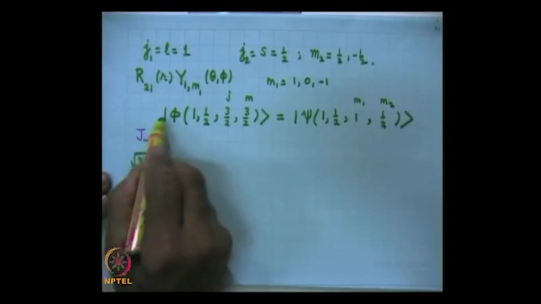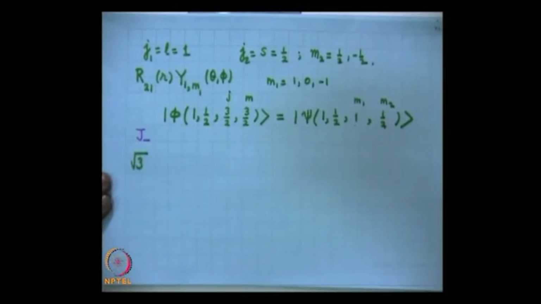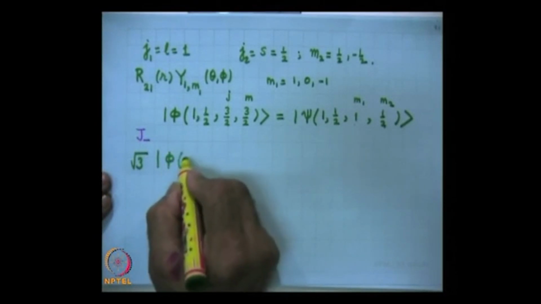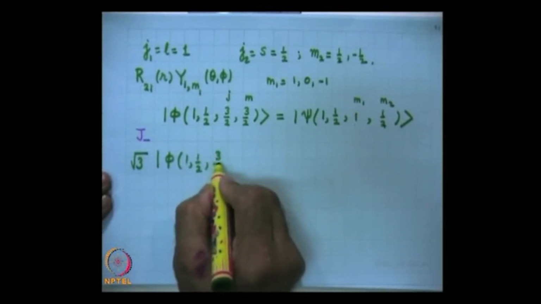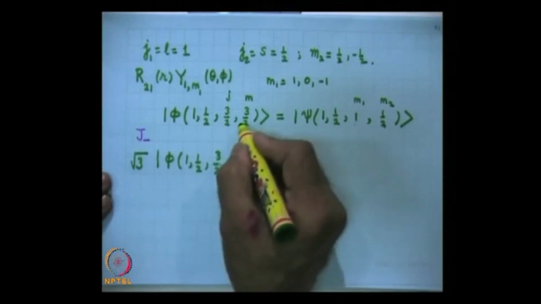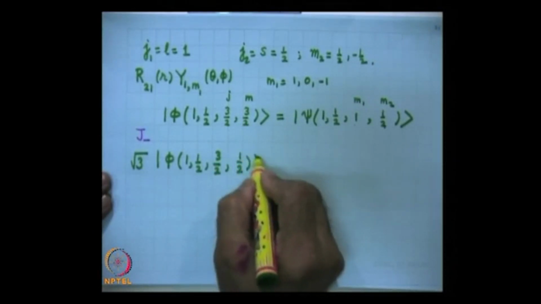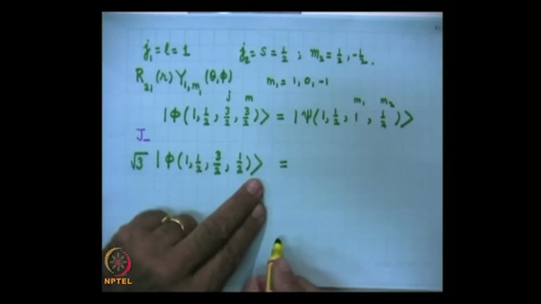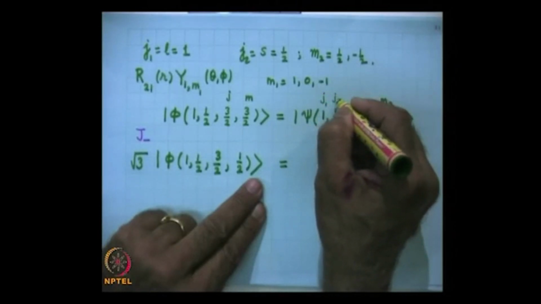So, if I operate J minus on this, I will get phi 1 comma half, 3 by 2 and then half, this is J1, this is J2.